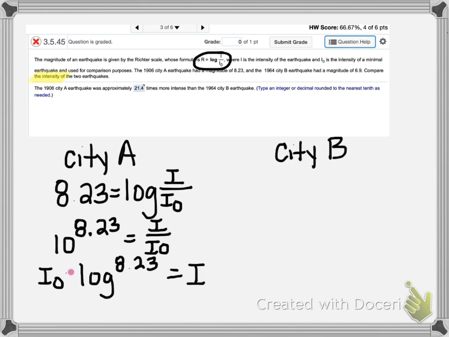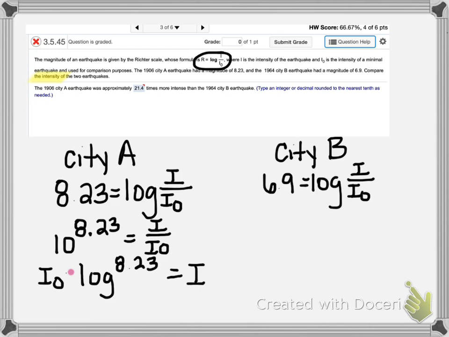So for city B, this time the Richter scale was 6.9. So 6.9 equals the log of I over I sub 0. Same process, we're solving for I so we can get the two intensities to be equal.